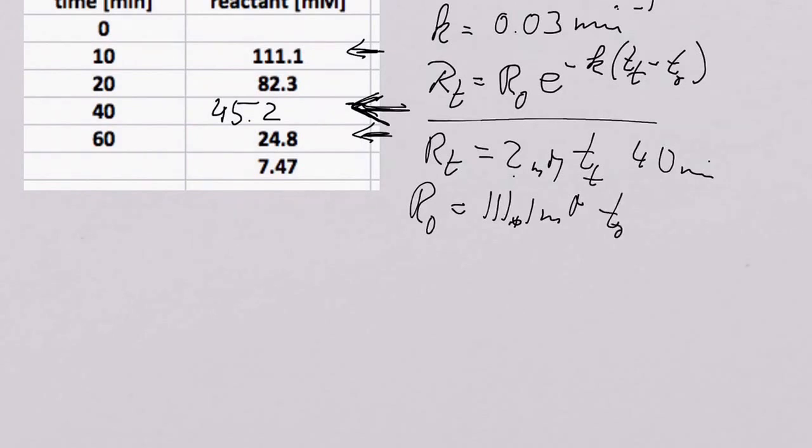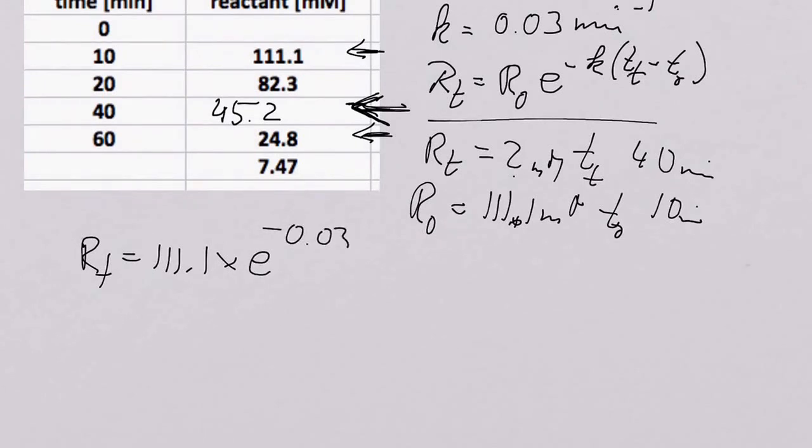And T0 is 10 minutes. So I just simply plug these numbers in. And I get RT equals 111.1 times e to the power of minus 0.03 times, what is it, 40 minus 10. Yeah?